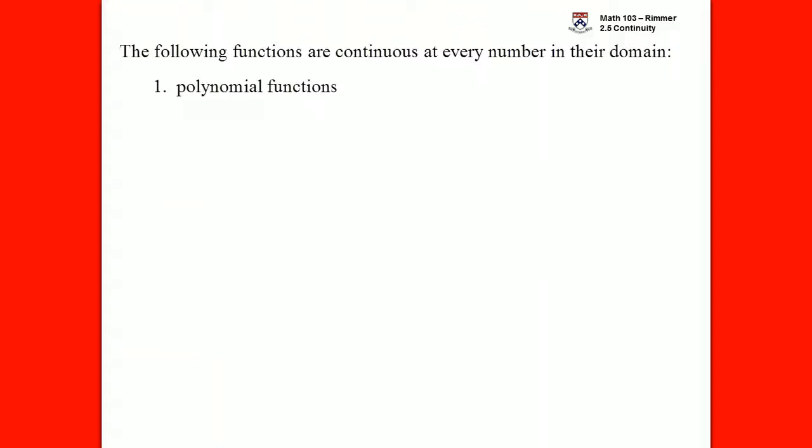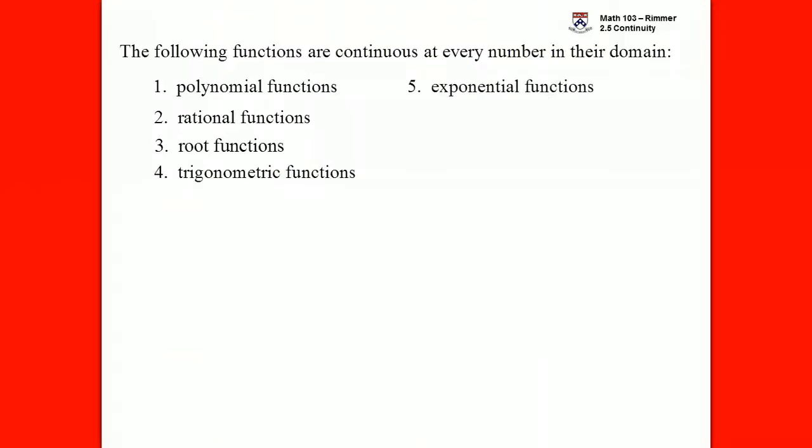Some functions, like polynomial functions, are continuous everywhere because they are defined everywhere. So where you're continuous is traded in for the question, what x values are you allowed to use? What is your domain? For rational functions, polynomial functions, root functions, trig functions, exponential, log, and inverse trig functions, the question of continuity becomes the question of domain.